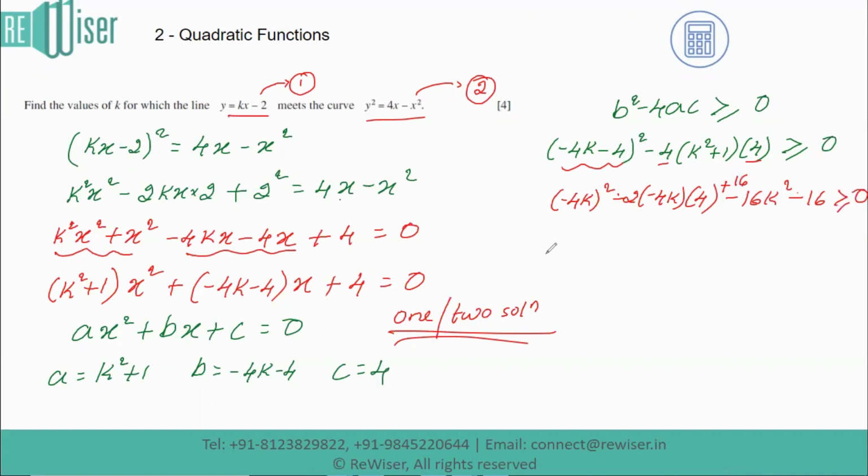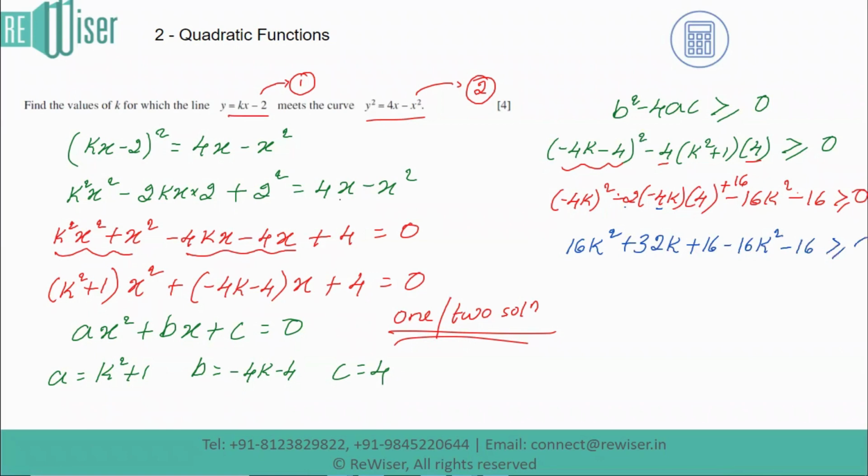So when I further simplify this, this is how it would look. Negative 4k whole square is nothing but positive 16k square. Then negative times negative would be positive, so positive 2 times 4 is 8, and 8 times 4 is 32. So it's going to be positive 32k, then plus 16 minus 16k square and minus 16.